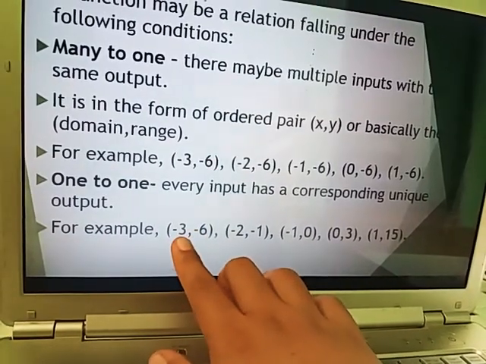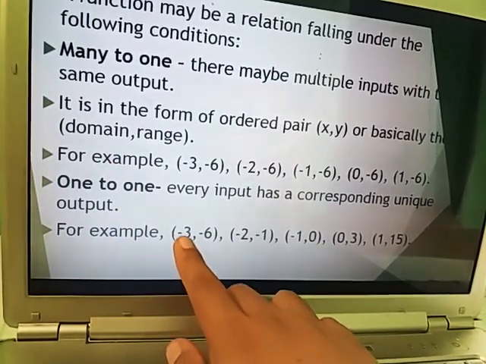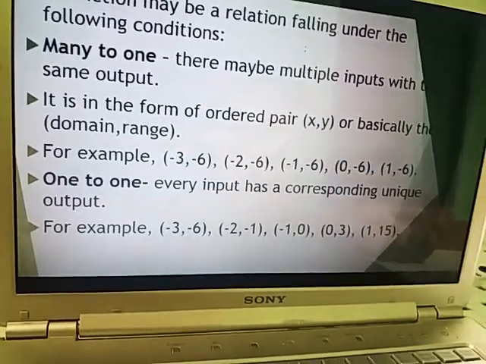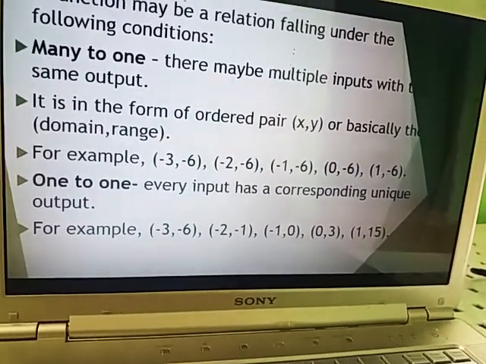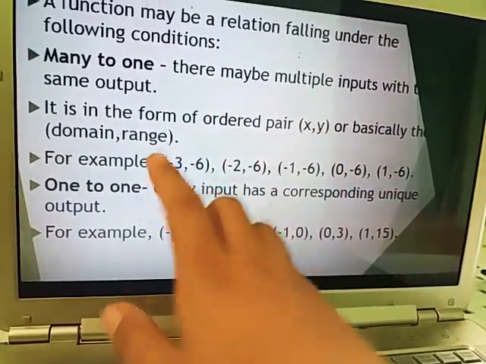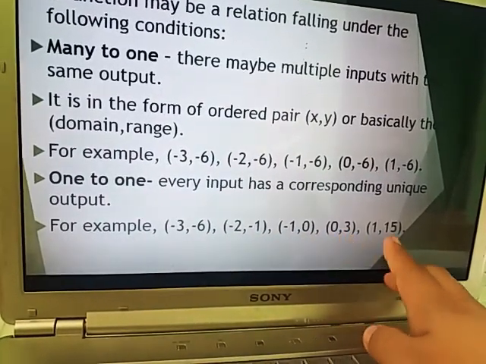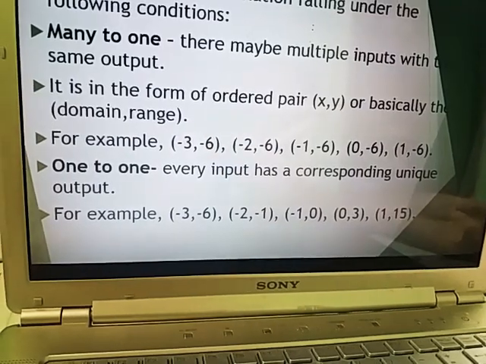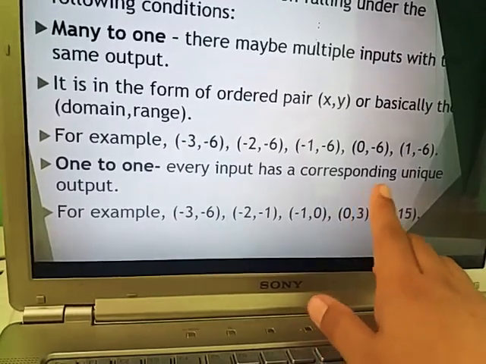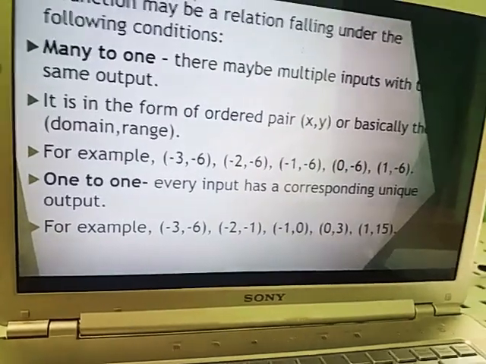Okay? So, tingnan natin yung x value or your domain, -3, -2, -1, 0, and 1. As you can see, walang magkapareho. Magkakaiba sila lahat. Let's check your range or your y, your output: -6, -1, 0, 3, 15. Wala ding magkapareho. So, ibig sabihin, every input has a corresponding unique output. Walang magkakapareho.